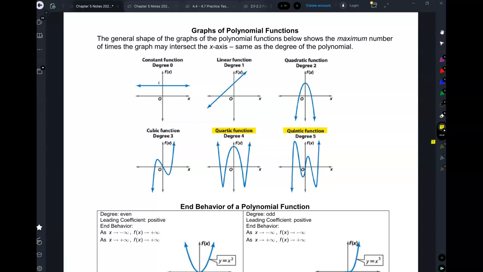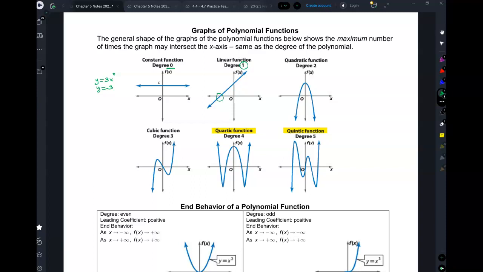So for example, if you have a degree of 0, what is an example of an equation for that line? Let's say y equals 3. Well, how do we even get y equals 3? It's like y equals 3 times x to the 0. So this is a degree of 0, and it crosses the x-axis how many times? 0. If you have a degree of 1, it'll cross the x-axis 1 time.